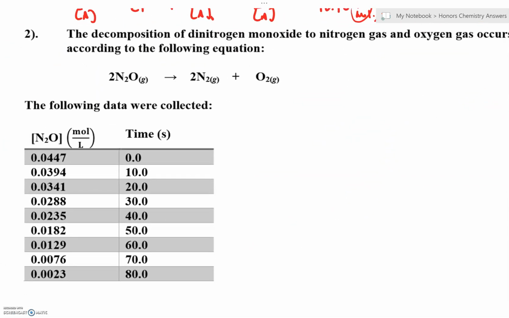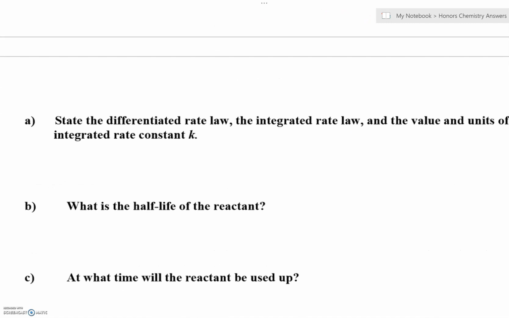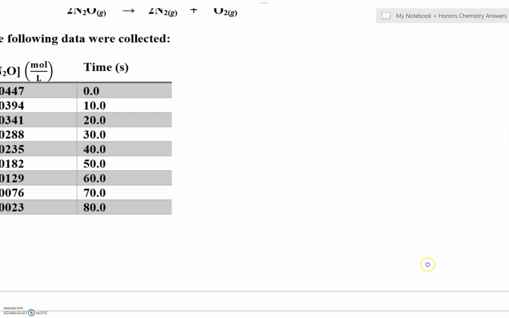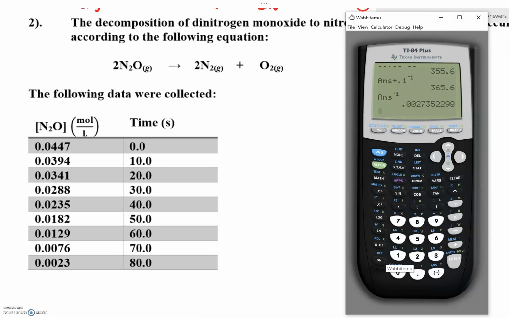All right, let's do the same thing here with number 2. So we want to find the order. It asks, state the differentiated rate law, integrated rate law, and the value in units of the integrated rate constant K. So we should be pretty familiar with this stuff by now. Let's go to our calculator and let's clear the memory.